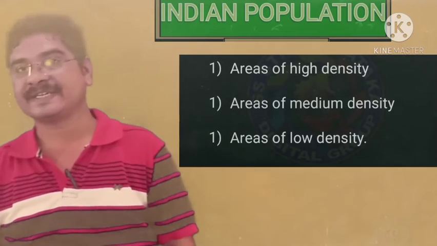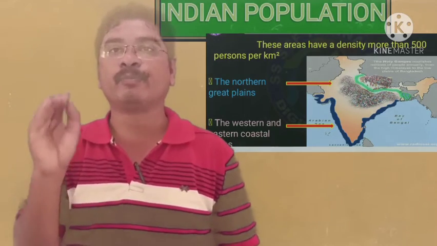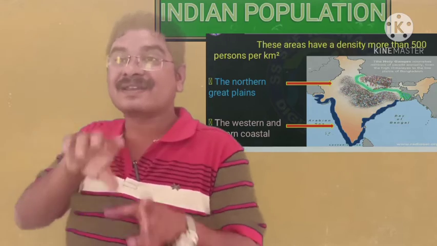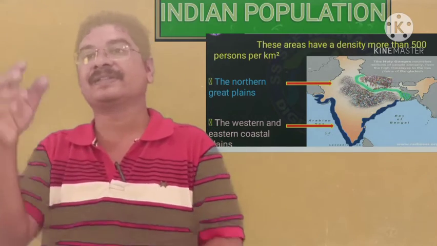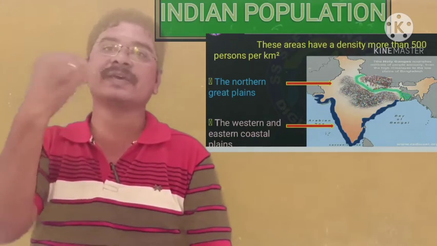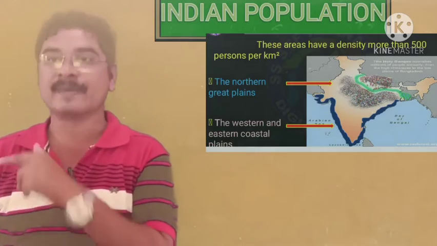Areas of high density have more than 500 persons per square kilometer.